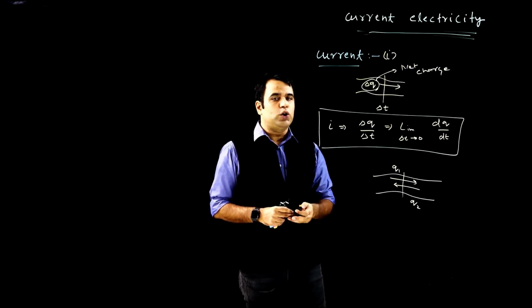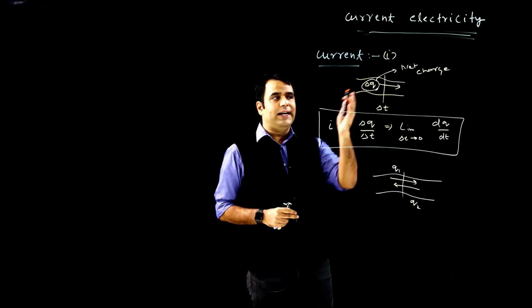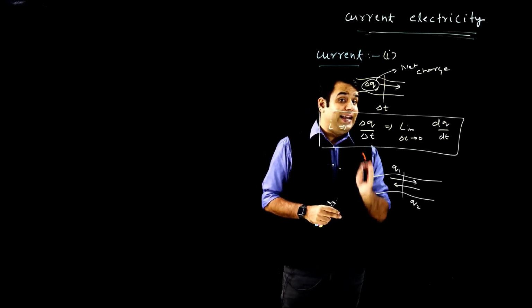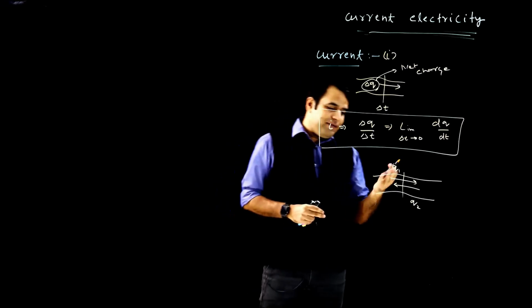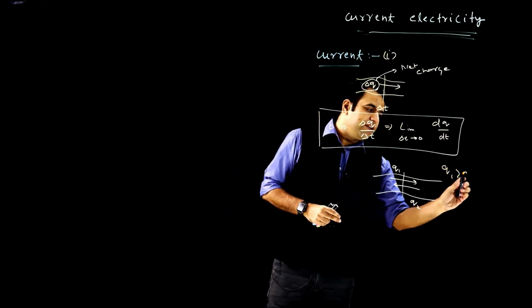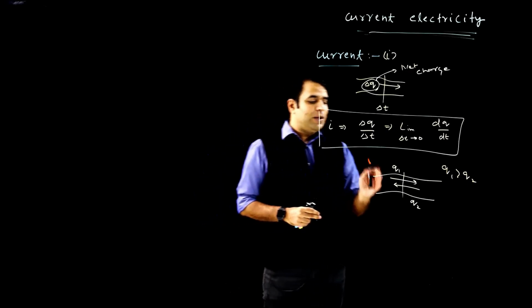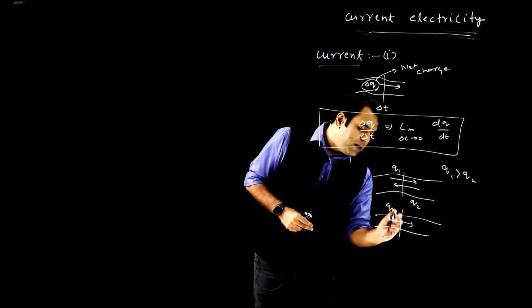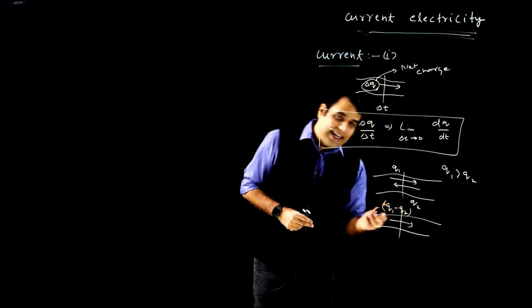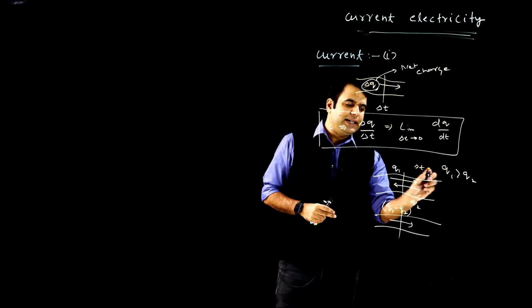But corresponding to Q1 plus Q2 charge, we will not get the current, because the current corresponds to the net charge flow in one particular direction. So if Q1 is more than Q2, in that case Q1 minus Q2 net charge is passing through the cross-section area in some delta T time.